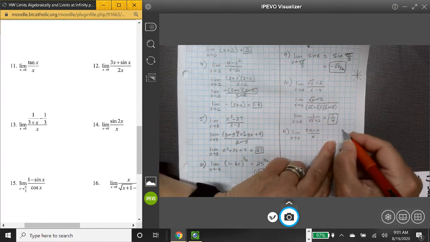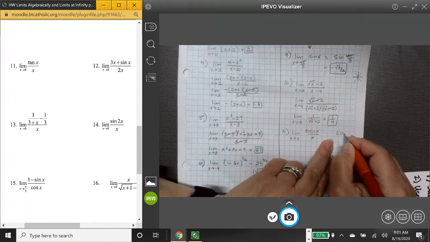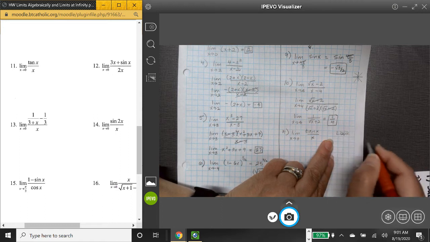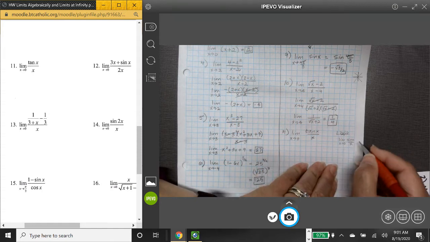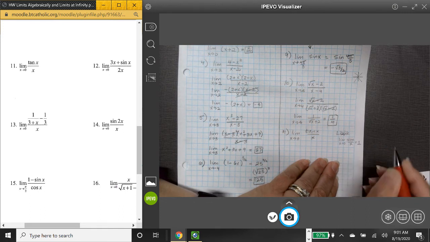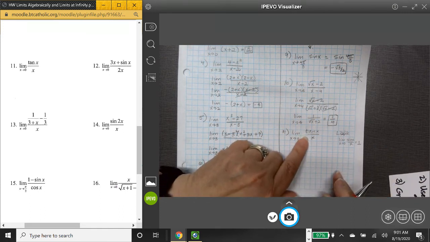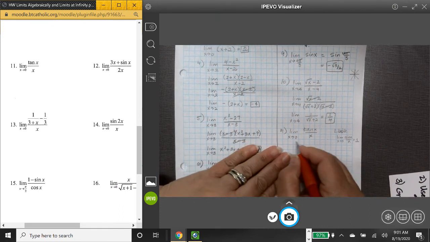Now I want us to remember that we are on the lookout, right? We're going to be looking for the limit as x approaches 0 of sine x over x. And we know that's 1. And believe it or not, in tangent there's a sine embedded in it.